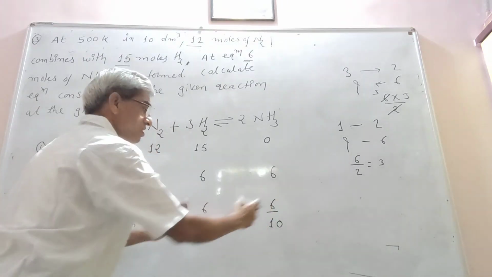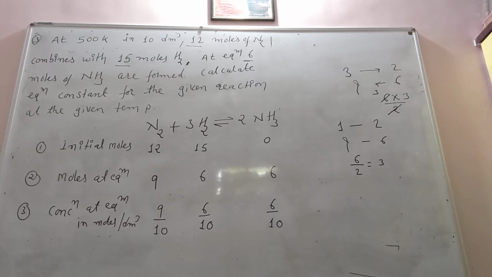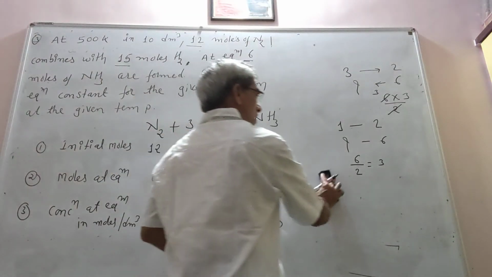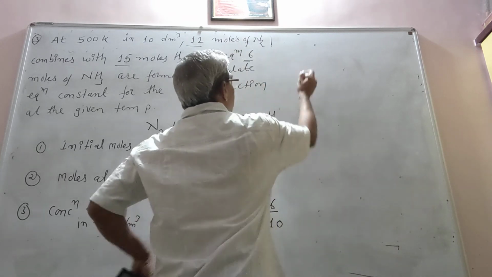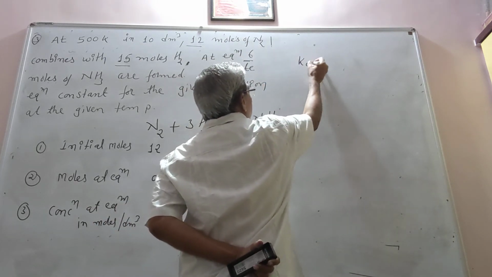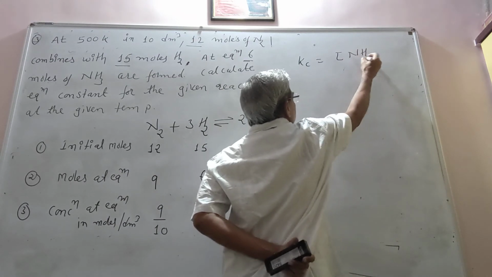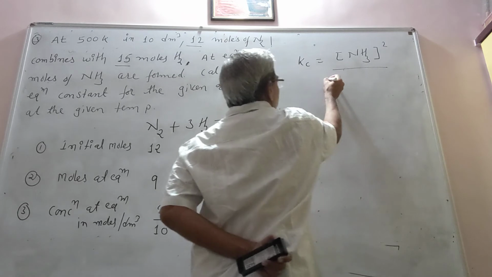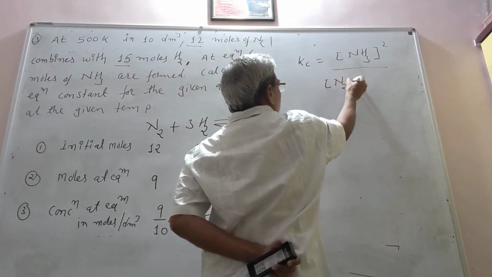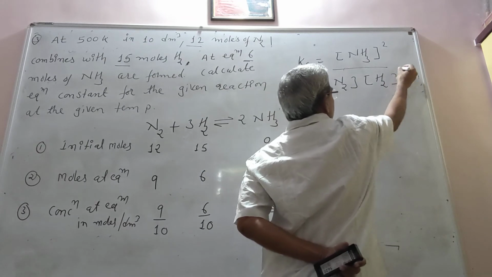These are the concentrations at equilibrium. Then apply the law of mass action to this chemical reaction. We get Kc equal to active mass of NH3 raised to 2 upon active mass of N2 into active mass of H2 raised to 3.